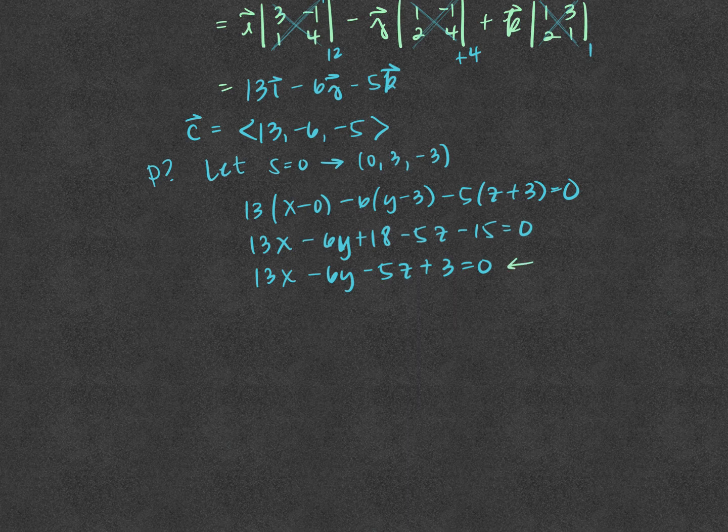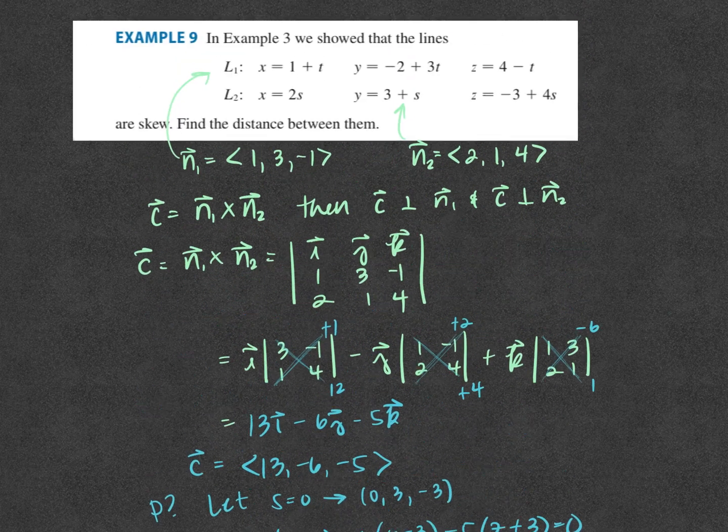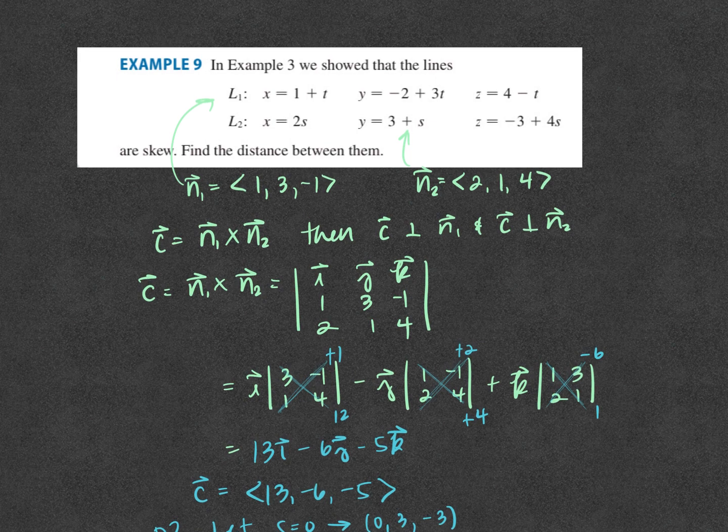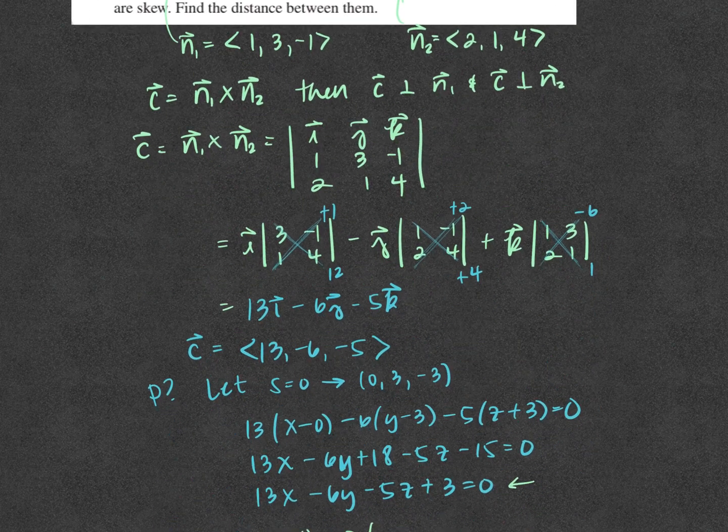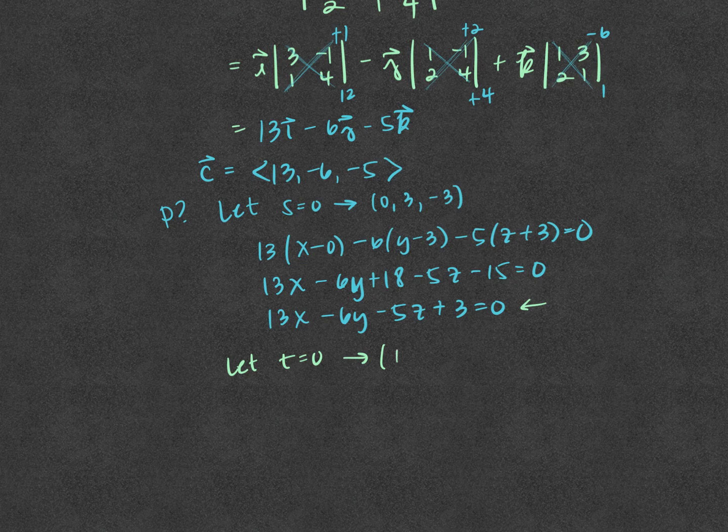So since this is the plane that contains s, let's let t equal 0. And then we go back up. If we let t equal 0, I have 1, -2, 4. So that means we have the point 1, -2, 4.